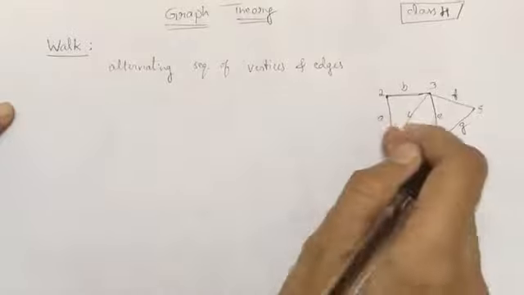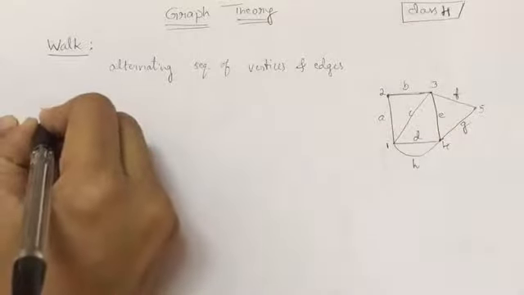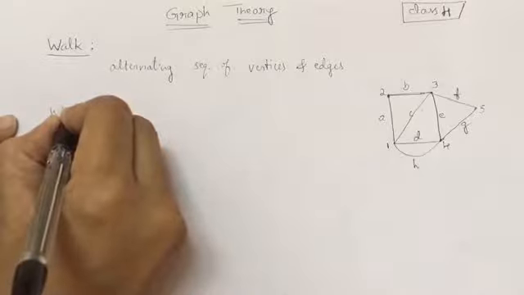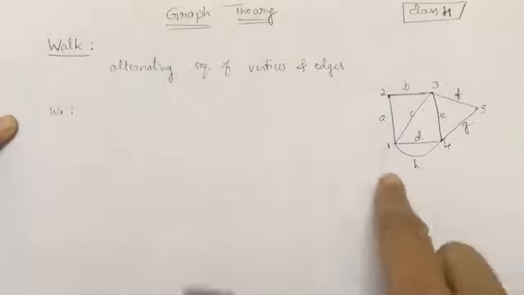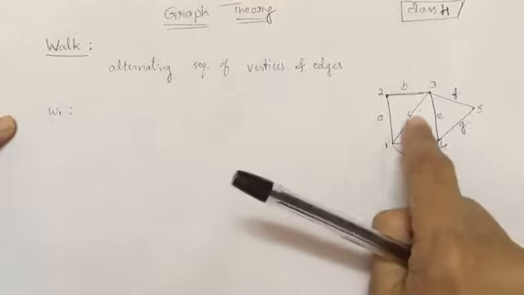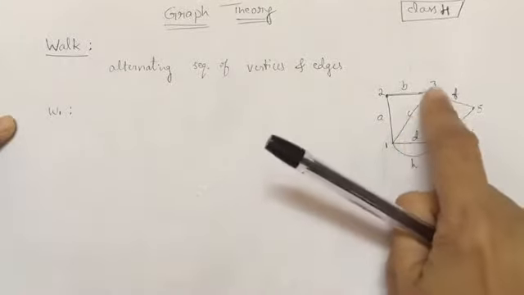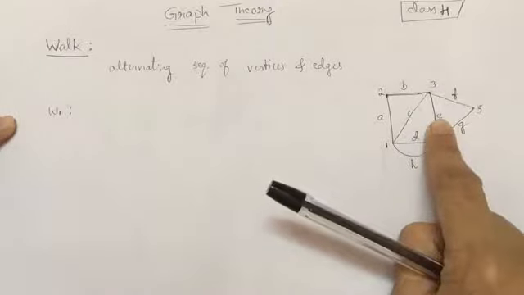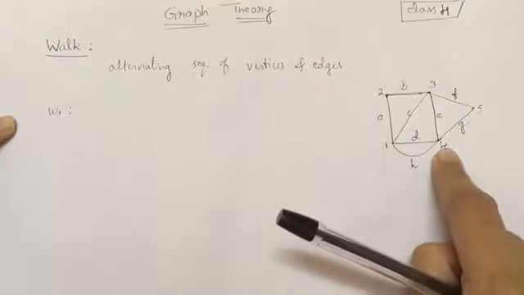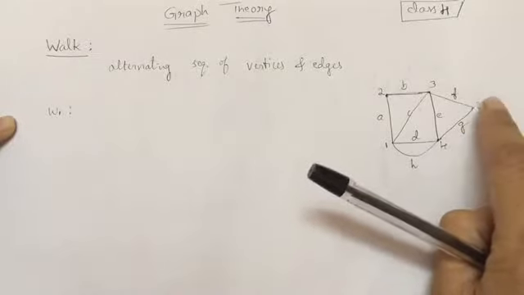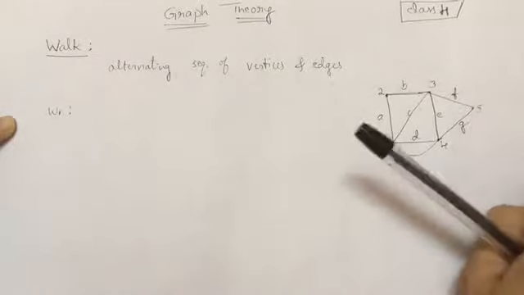For this example I'm taking walk 1, I'm calling it W1. It starts with vertex 1, then edge C, vertex 3, then edge E, then vertex 4, then edge G, and ends with vertex 5.